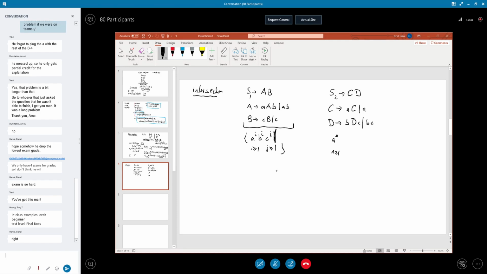So this is b to the t, c to the t, t greater or equal to 1. This is really just the same thing that we had here for capital A. That's now the D, except it generates B's and C's rather than A's and B's for the capital A. So this is now the language that the second grammar generates.